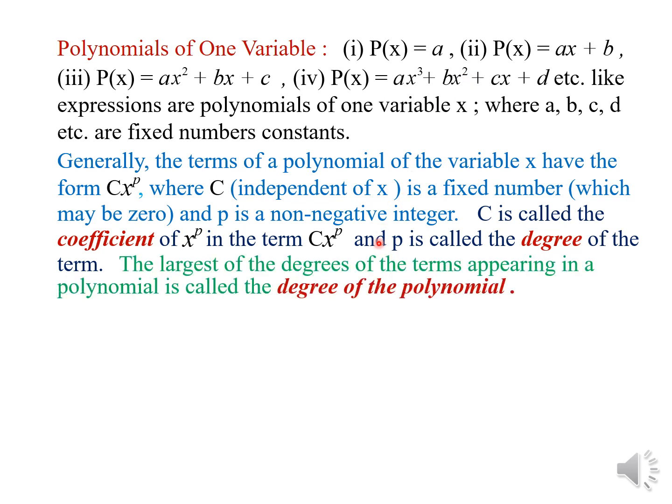Now the largest of the degrees of the terms appearing in a polynomial is called the degree of the polynomial. Suppose in example number 4, the degree of this term is 3, this one is 2, this one is 1, and this one is 0. So the largest degree here is 3, so the degree of this polynomial is 3.